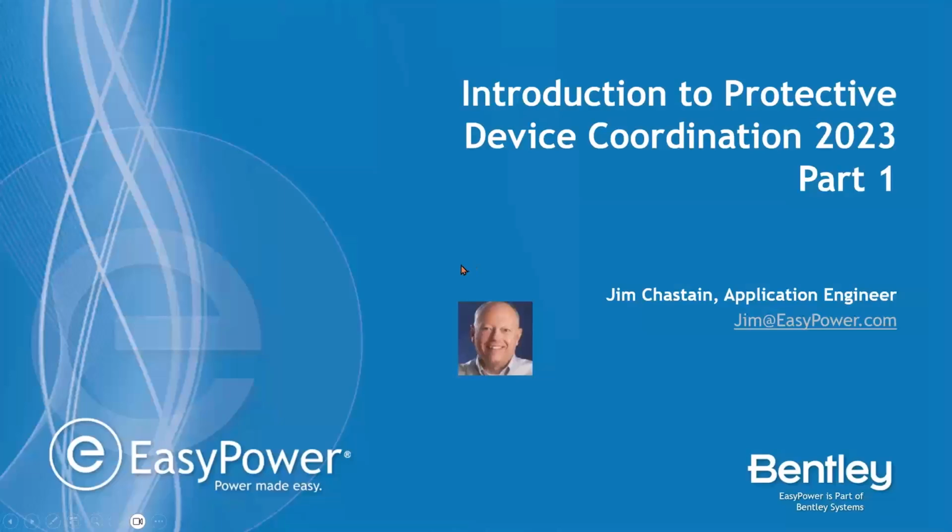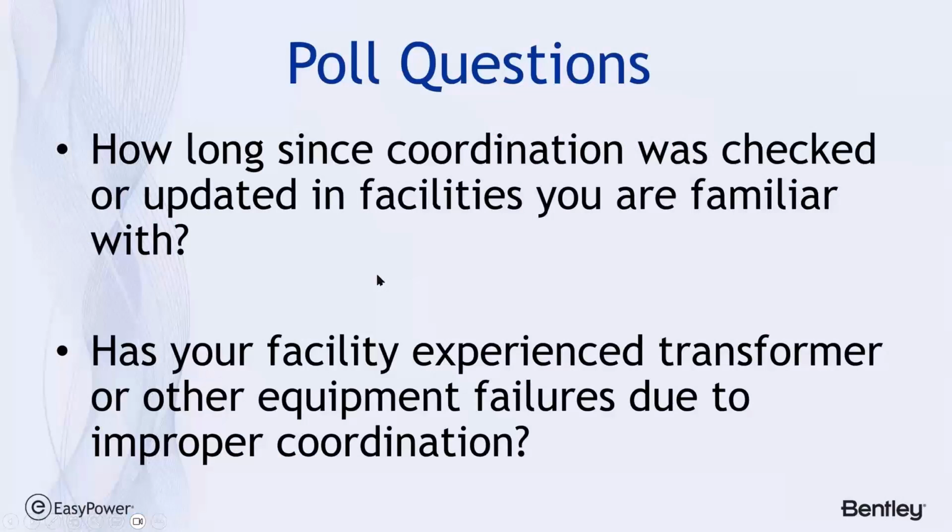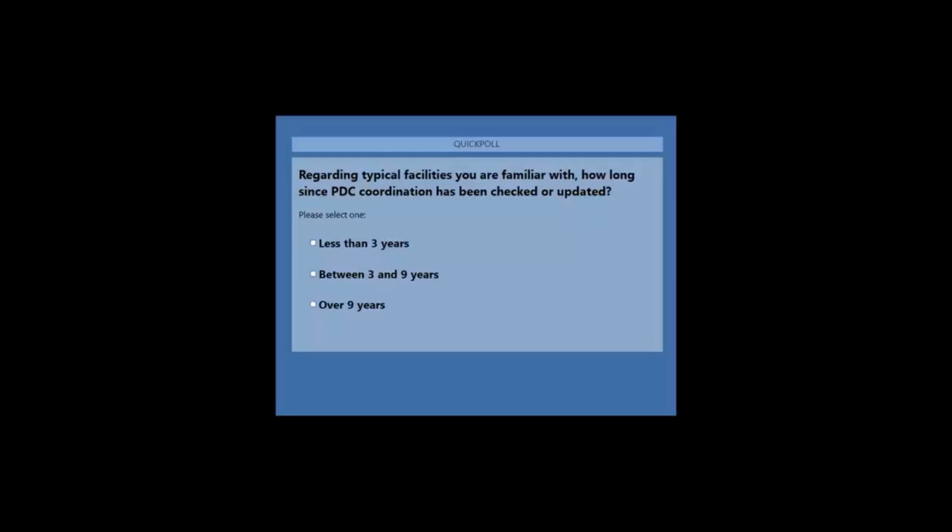And as we are in the habit of doing, we'd like to start with a poll question. No obligation or liability. So the first question is, how long since coordination was checked or updated in facilities that you're familiar with? This could be yours or clients.